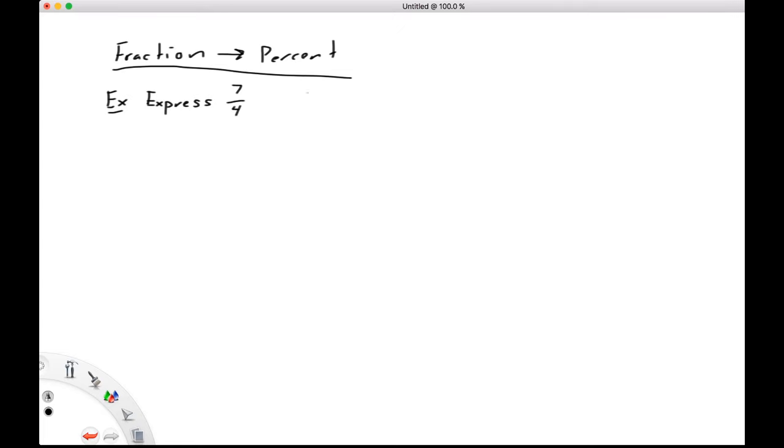So express 7/4 as a fraction. The reason that we can do that is because to express this as a percent, we need it as per 100, and 100 is a multiple of 4. So we're going to be able to scale this easily by multiplying it by something.